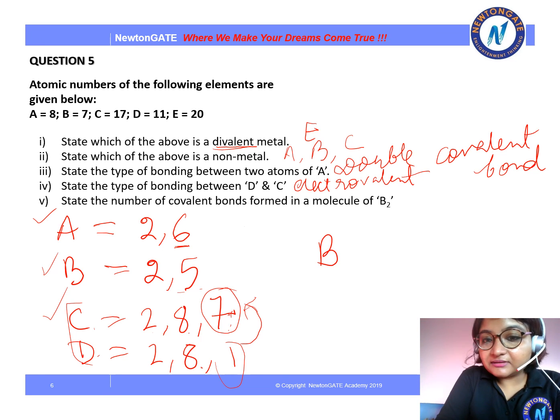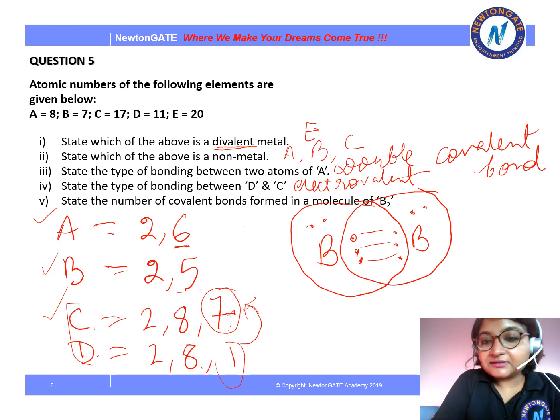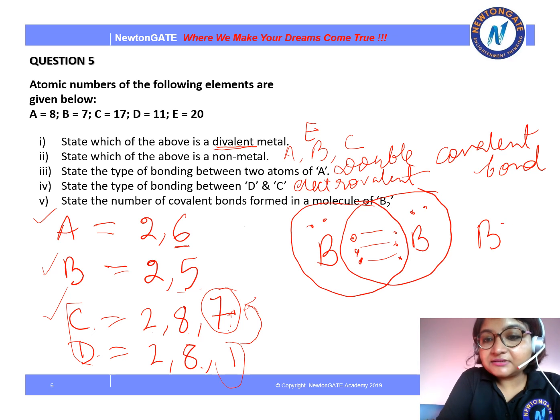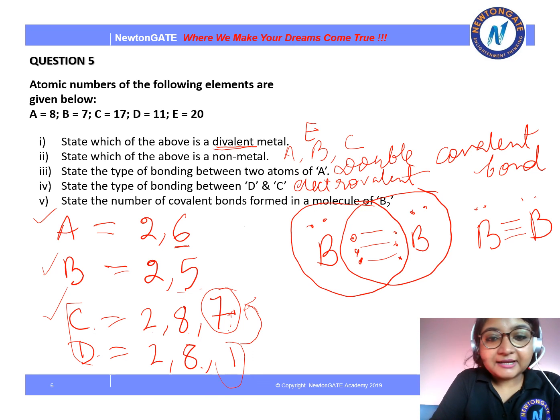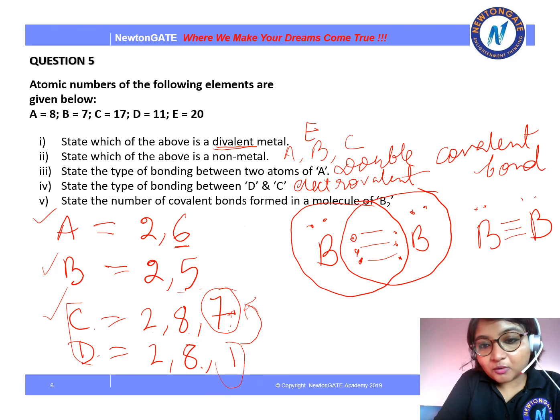So let me draw the electron dot structure here. This is how they will form the bond. It will form B triple bond B, having one lone pair. That means the answer is a triple covalent bond. Answer of 5 is triple covalent bond.